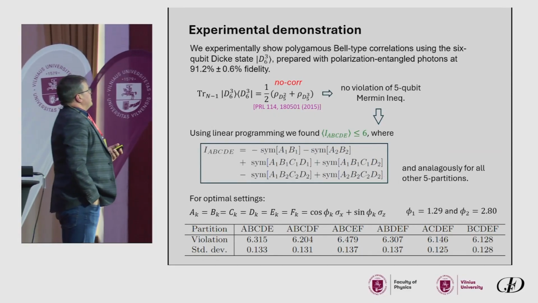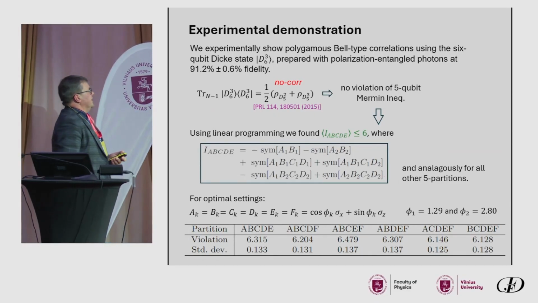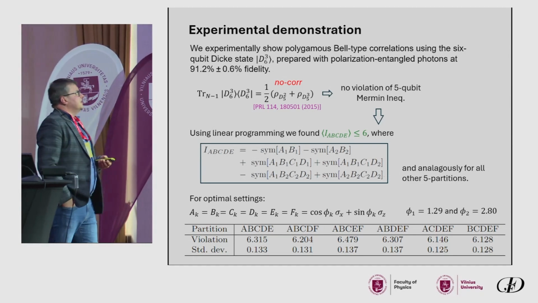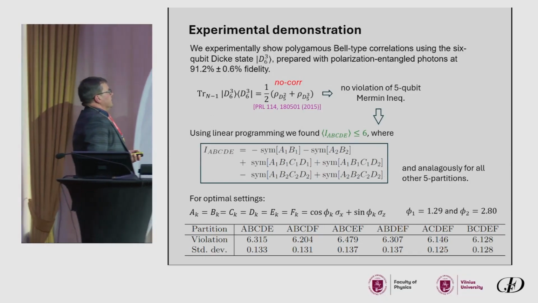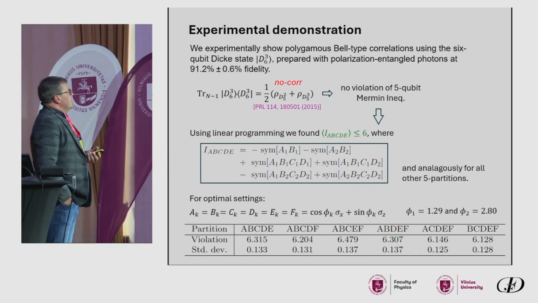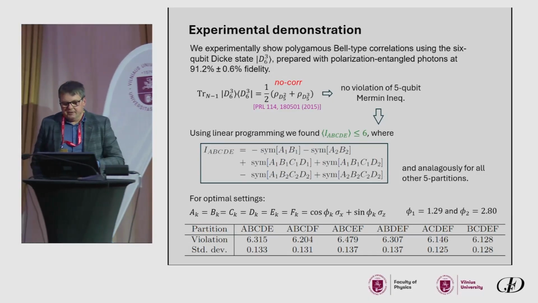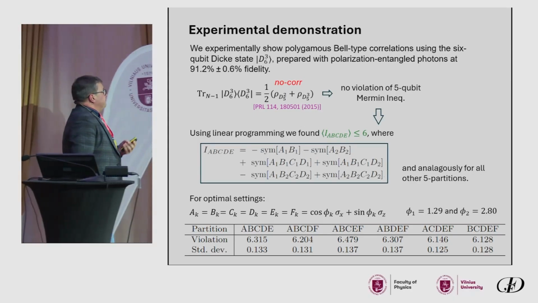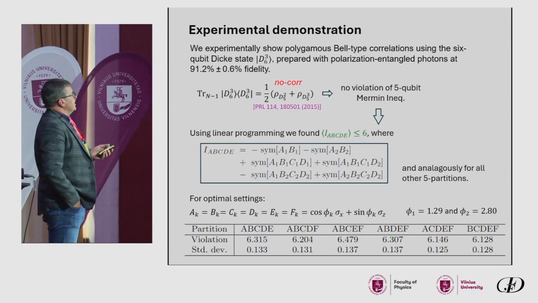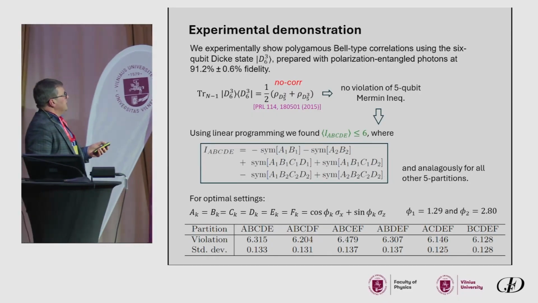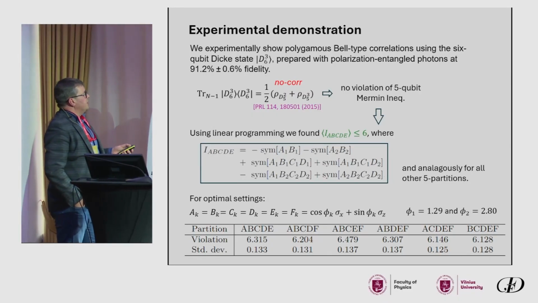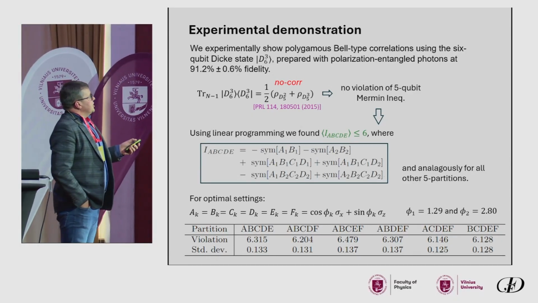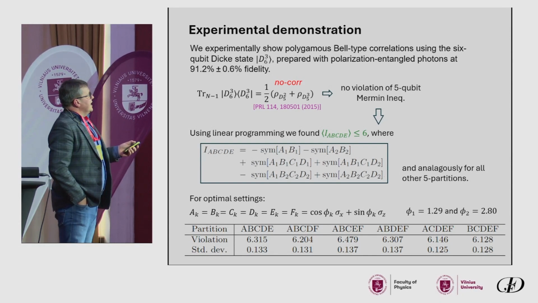We have experimentally demonstrated the polygamous Bell type correlation using 6 photon decay state prepared by experimental group from Munich. And what is interesting here, if we trace out one particle from the decay state, we end up with an equal mixture of 2 decay states.